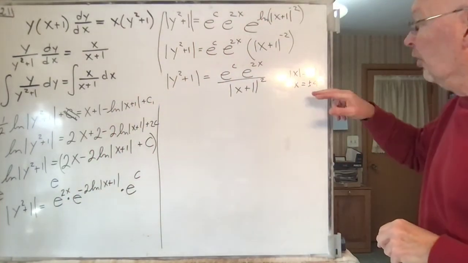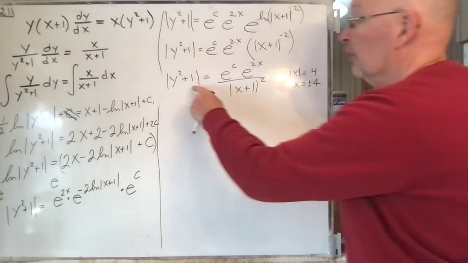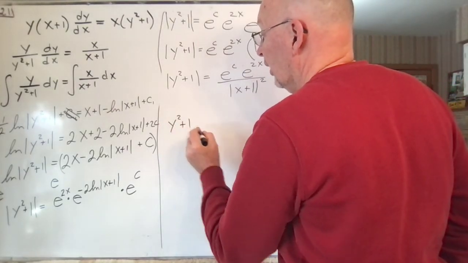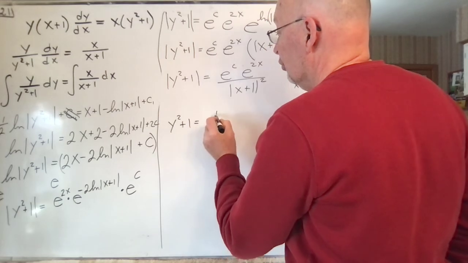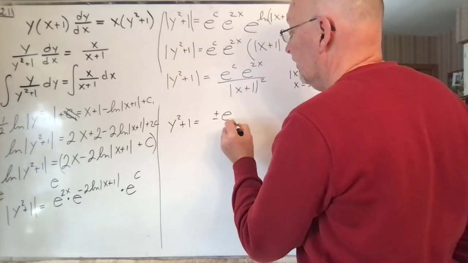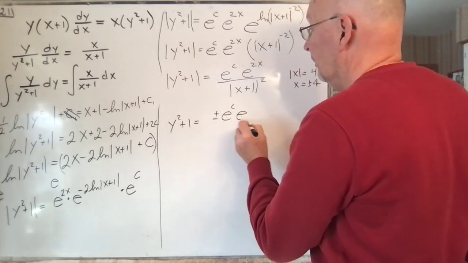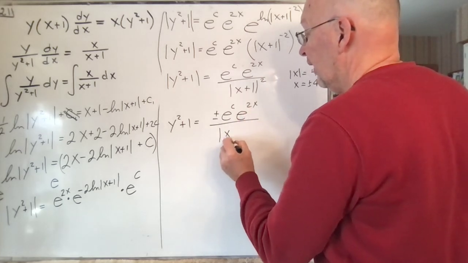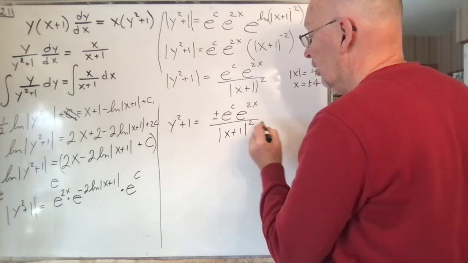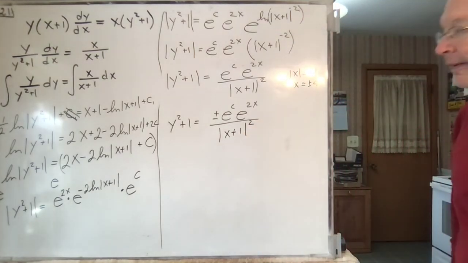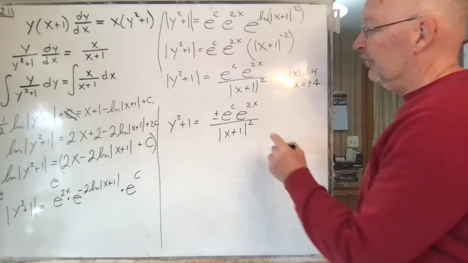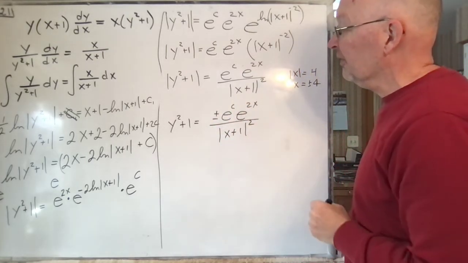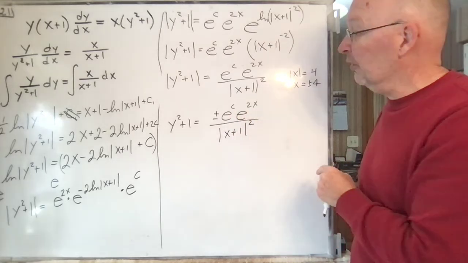Okay. So I can get rid of this absolute value and write it as y squared plus 1 is equal to plus or minus e to the c times e to the 2x, all divided by the absolute value of x plus 1 quantity squared. Now, notice that e to the c is itself just some constant. It's a positive constant because e to anything is always positive.